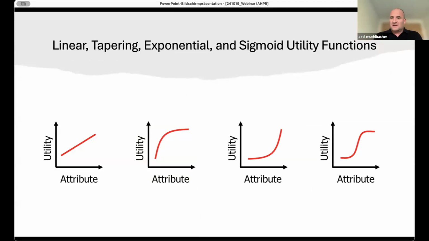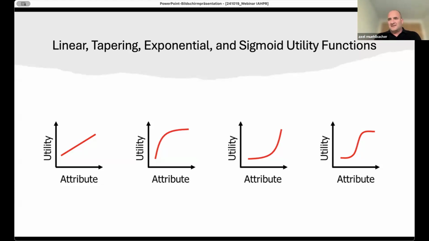And in most of the studies, they're assumed to be linear, that the more of an attribute you get, the higher the utility in a constant manner, or the more you have of a bad or of a negative attribute, the lesser the utility or benefits are from this attribute.